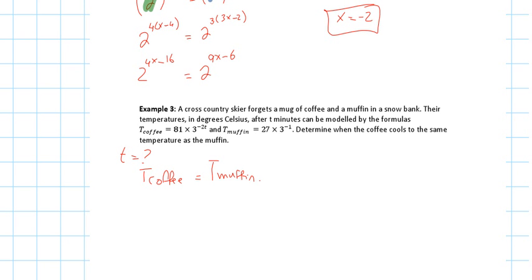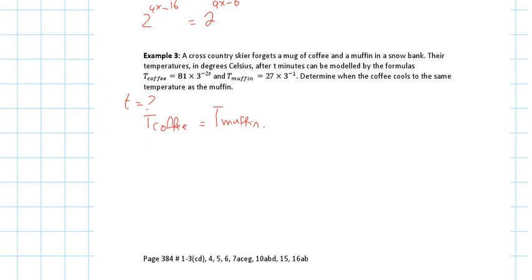What's the equation for T coffee? T coffee equals 81 times 3 to the power of negative 2t. T muffin is 27 times 3 to the power of negative 1.